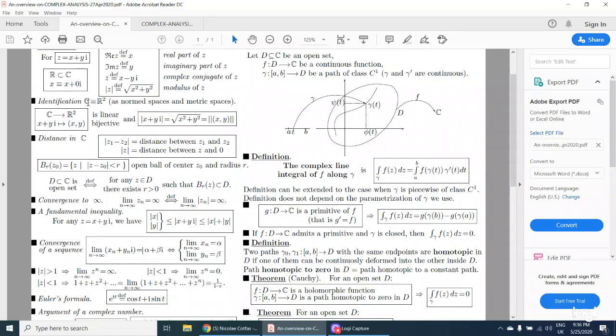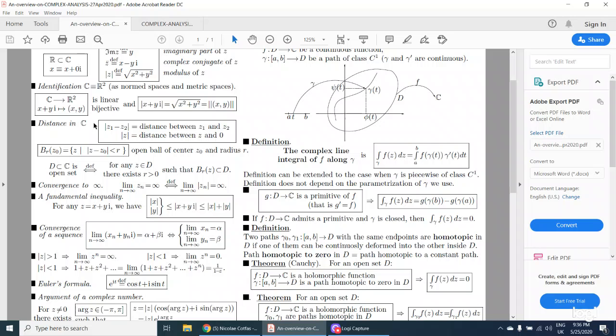C is identical to R2 as normed spaces and also as metric spaces. We also remarked that the modulus coincides with the norm, and so the distance in the complex plane between 2 points is exactly the modulus of the difference.